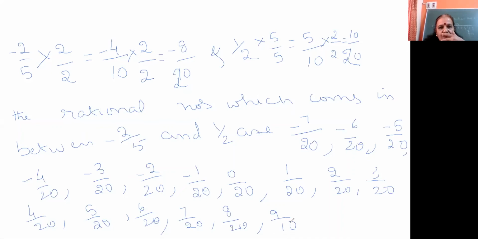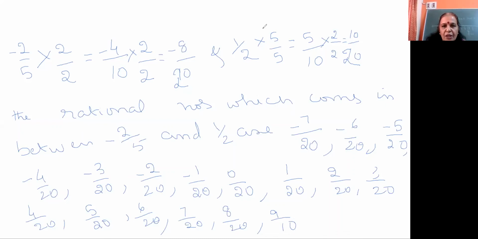Here 5 1s are 5 and you have to multiply both numerator and denominator by 5. But if you take minus 4/10 and 5/10, you will not get 10 rational numbers. Therefore, again you multiply both numerator and denominator by 2. It is minus 8/20 and here it is 10/20.